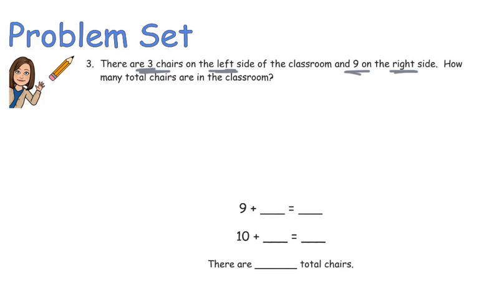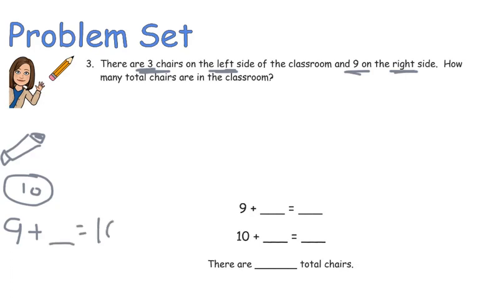So let's do the steps. The steps are to draw your picture. So I'm just going to do a little pencil here. Then your next step is to circle your group to make 10. And then you're going to tell us how you made 10. 10 plus, 9 plus something equals 10.